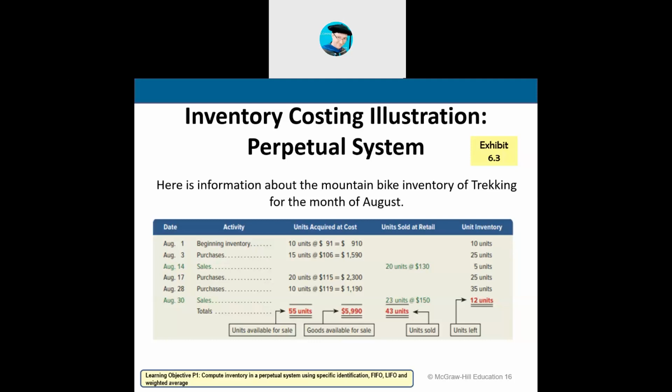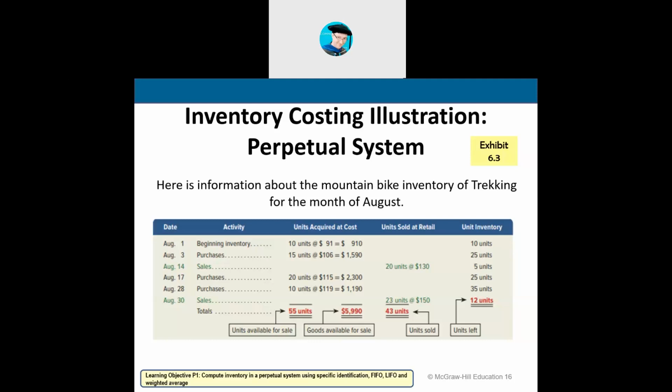On August 30th, I sold 23 units at $150 a piece. That got me to my ending inventory of 12 mountain bikes at the end of the month.